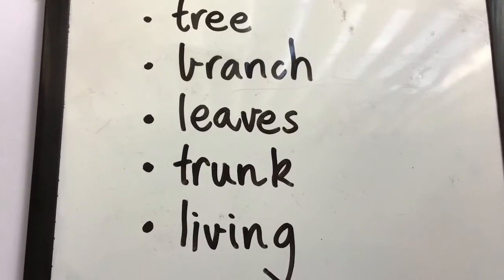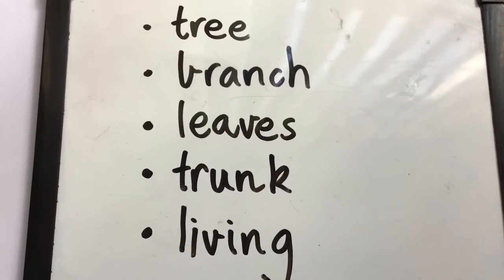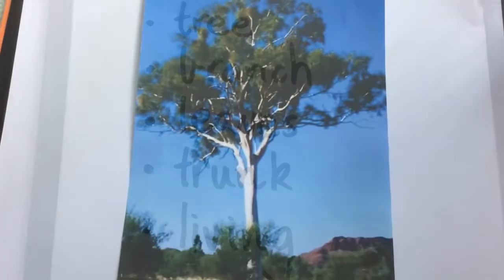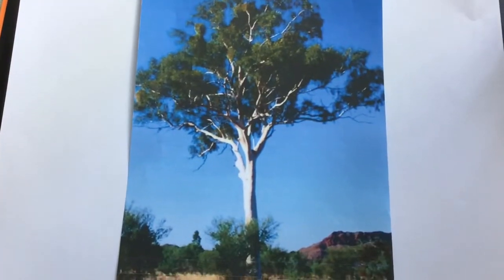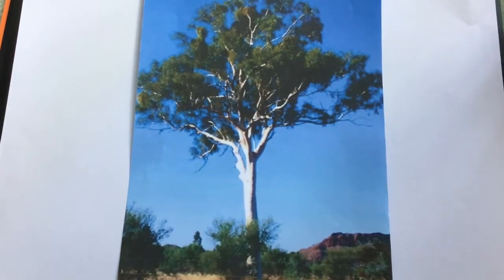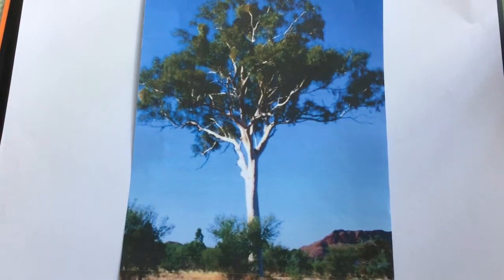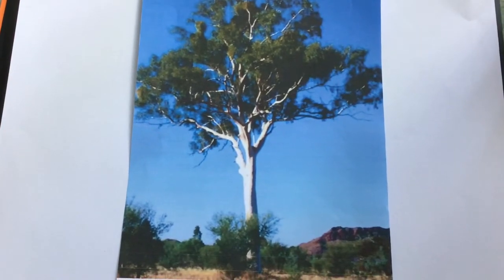Let's have a chat about some of the different trees that we might see and what actually is a tree. So this is a picture of a gum tree, in fact. A tree is a living thing because it's a plant.